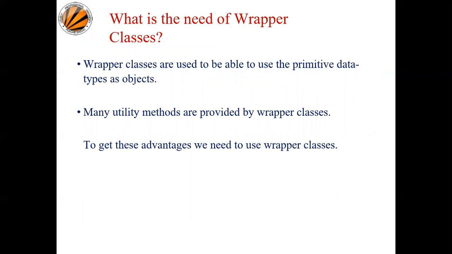What is the need of wrapper classes? Wrapper classes are used to use the primitive data type as an object. Many utility methods are provided by wrapper classes. To get this advantage, we need to use wrapper classes. They convert primitive data types into objects.